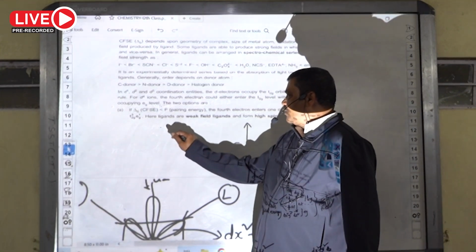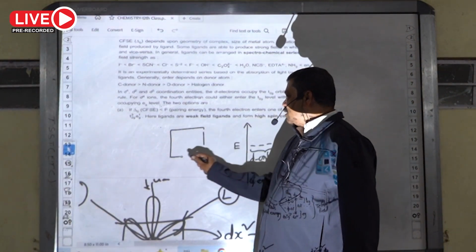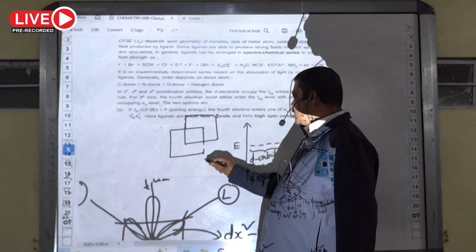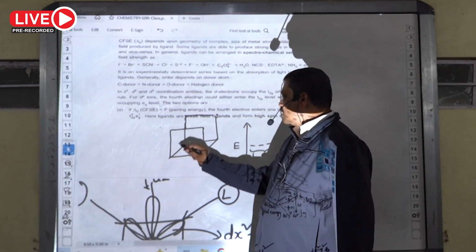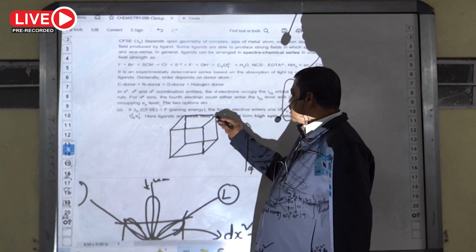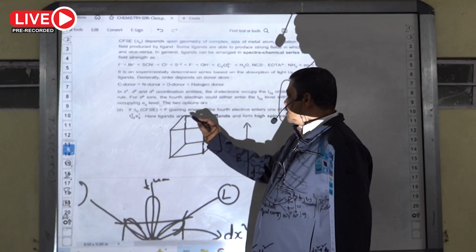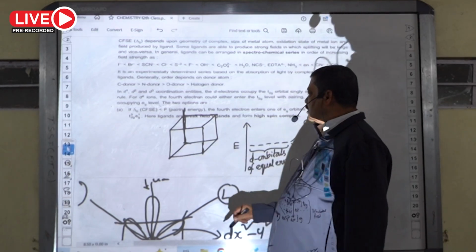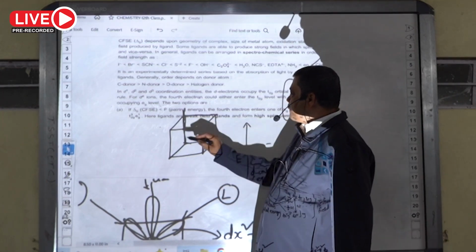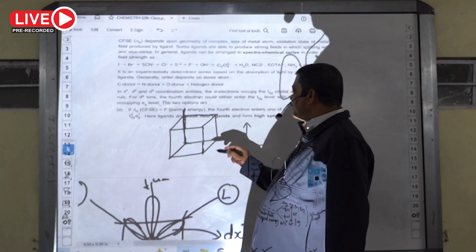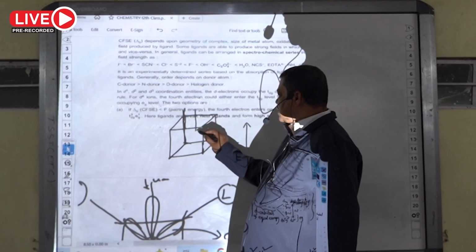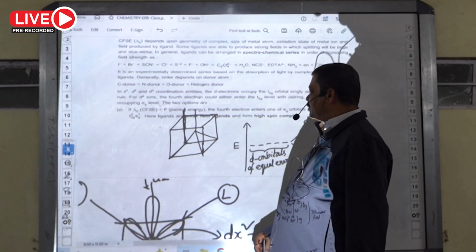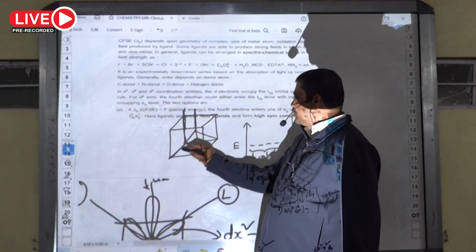So actually in tetrahedral field, let us write a cubical structure. This is tetrahedral shape.